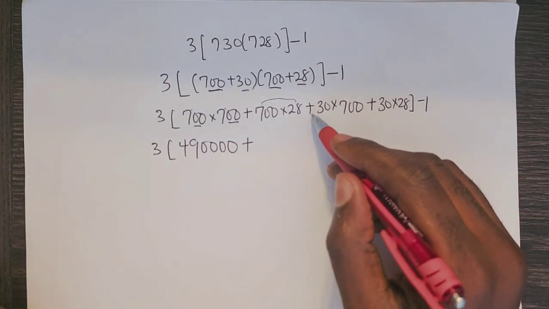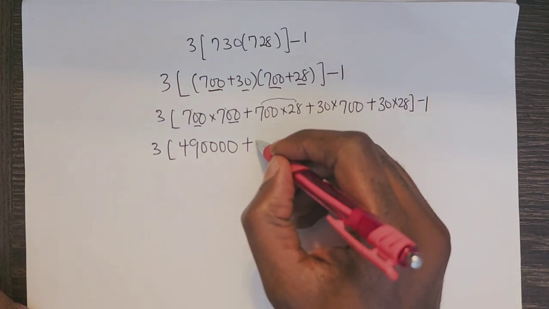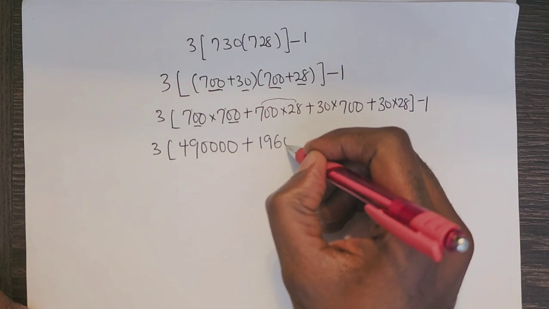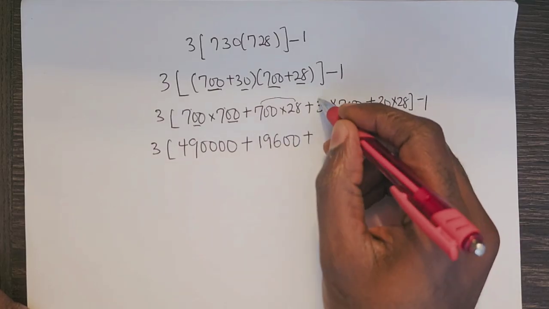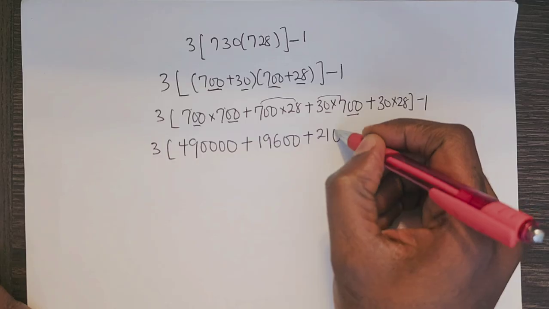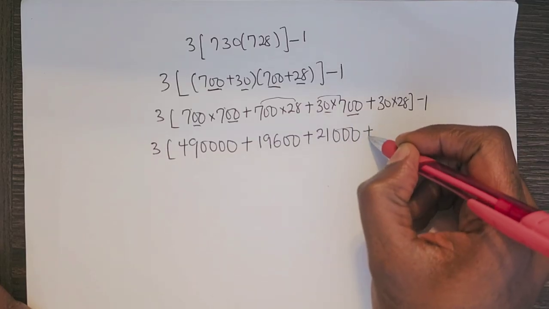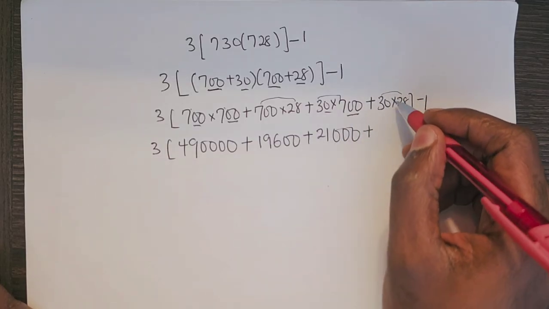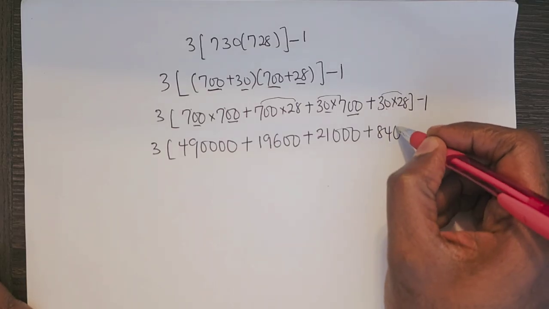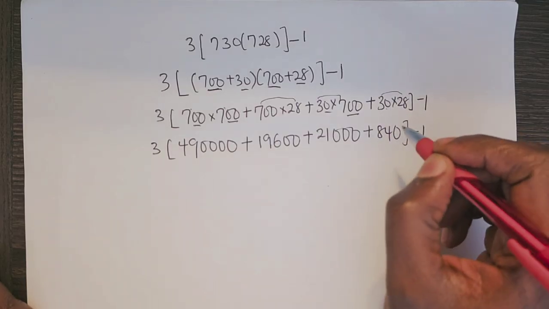And you can just easily multiply this. This is going to give you 196. And we have 2 zeros. 3 times 7 is 21. And here I'm having 3 zeros. Plus 3 times 28, which is 84. And we have just only 1 zero. Minus 1.